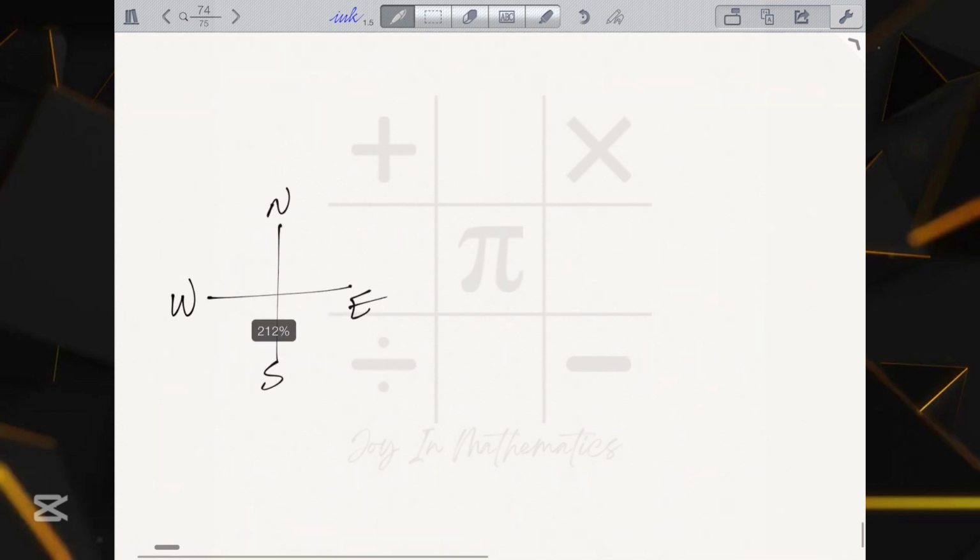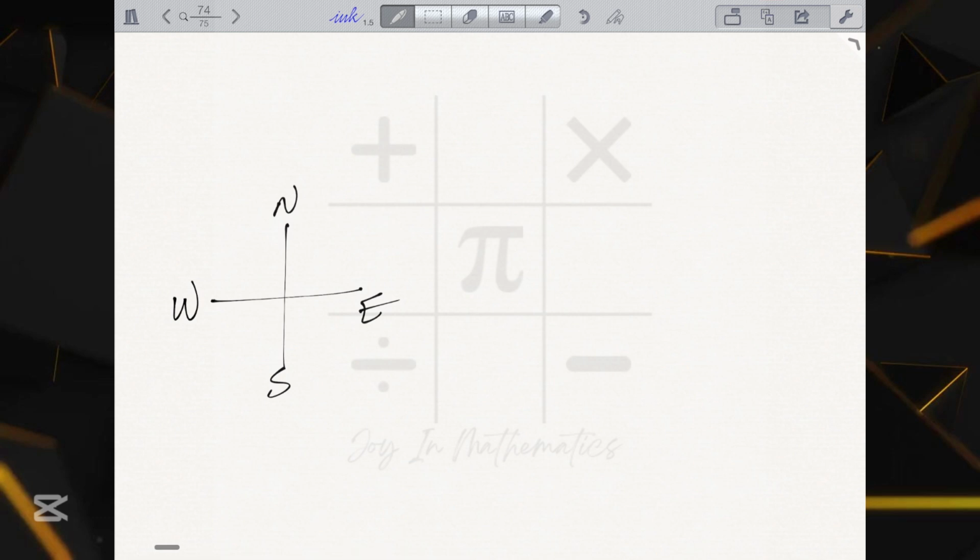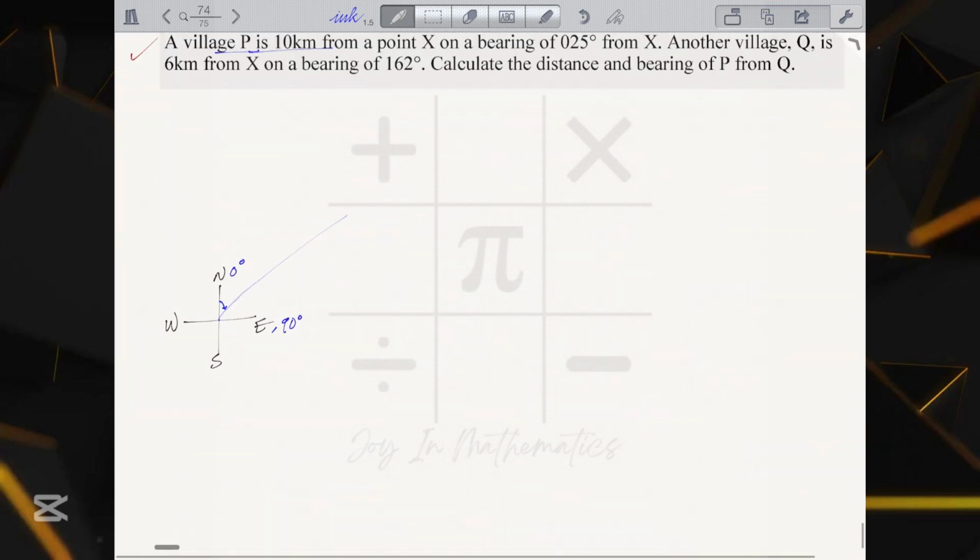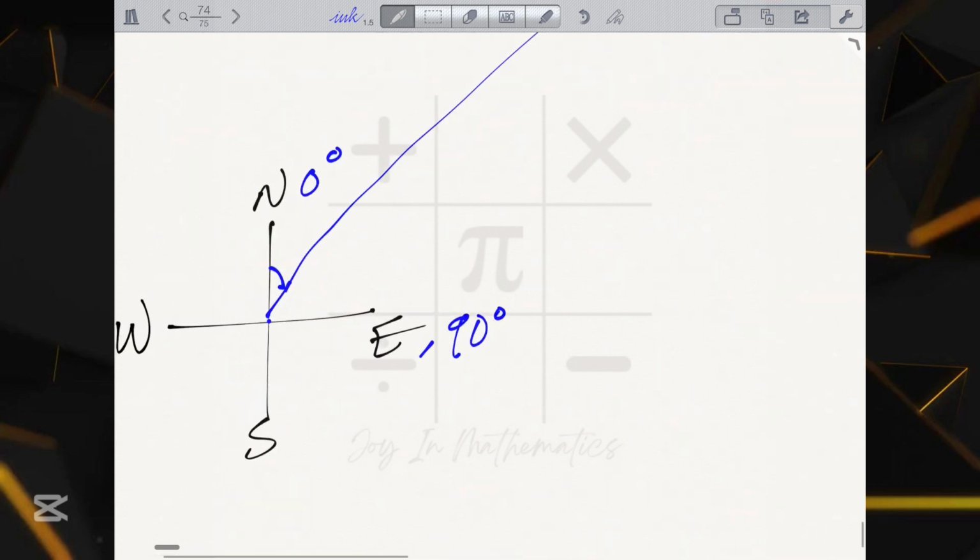So if you want to measure 025 degrees, we know that this is 0 degrees and this is 90 degrees. So 025 degrees will span from this point to this point, and it will move at that angle to village P. So we'll call this angle 25 degrees.